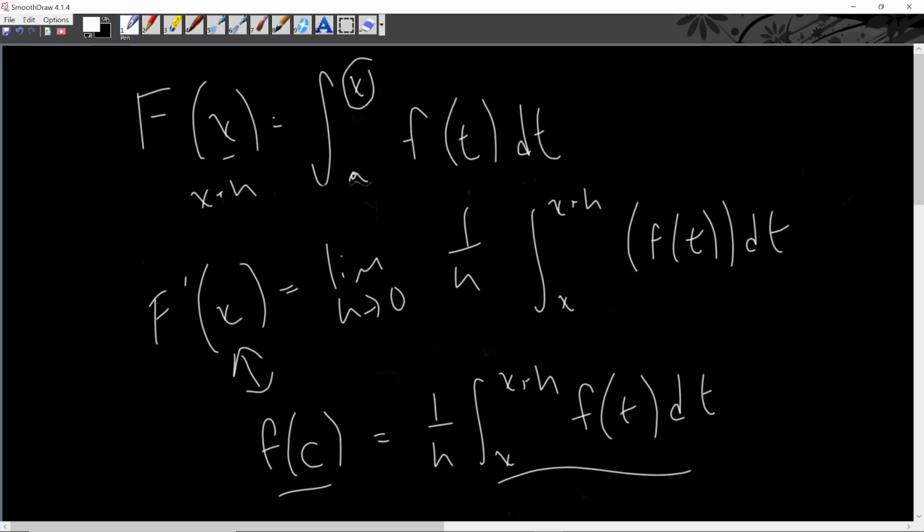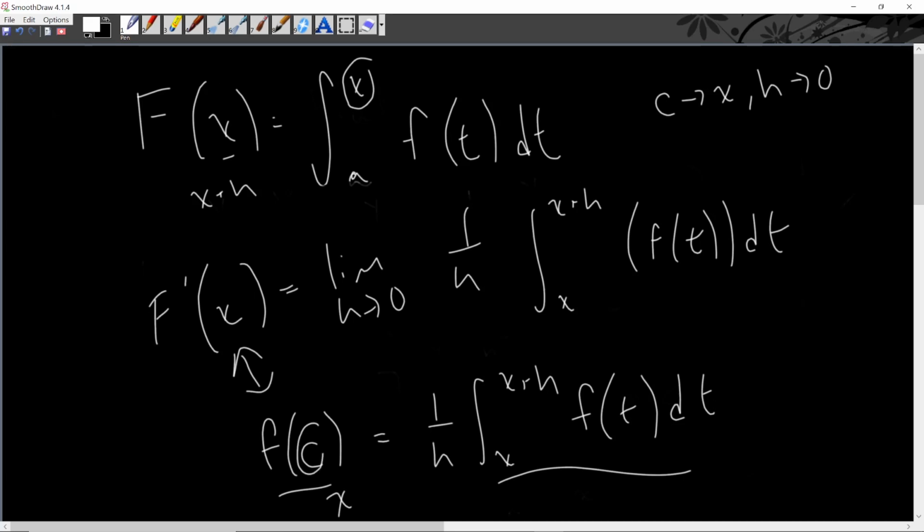So if c is supposed to be some arbitrary x value, we can say that as c approaches x, h is going to approach 0. I think that just kind of makes sense.